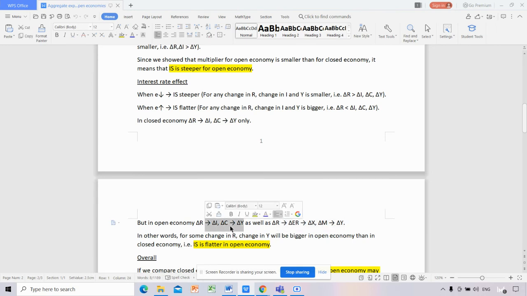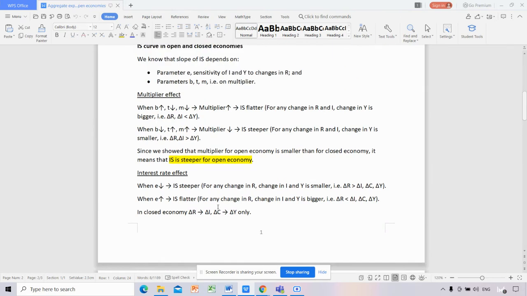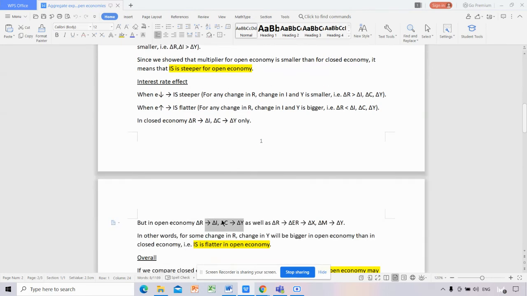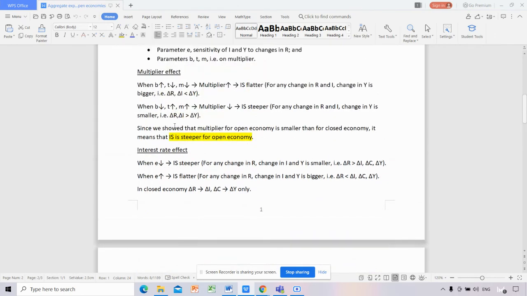So IS is flatter. So what can we conclude regarding the slope of IS? Due to the multiplier effect, IS is steeper in the open economy, but due to the interest rate effect, IS is flatter in the open economy. So what can we conclude? It depends which effect is larger, the multiplier effect or the interest rate effect.